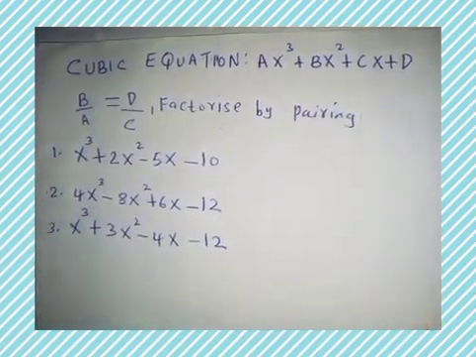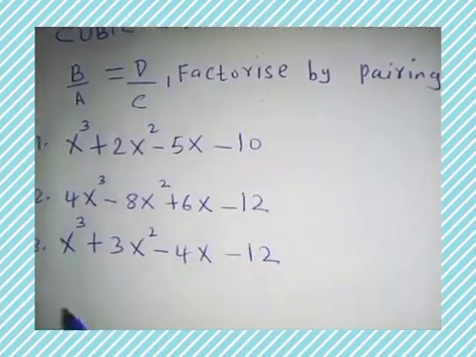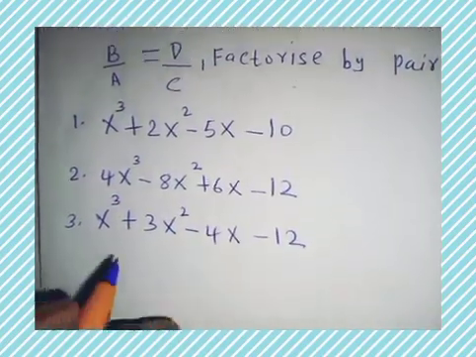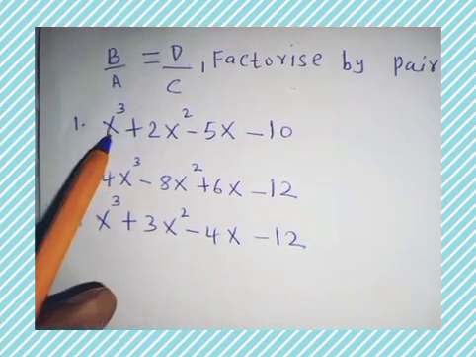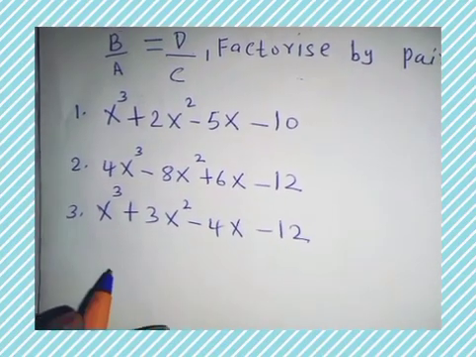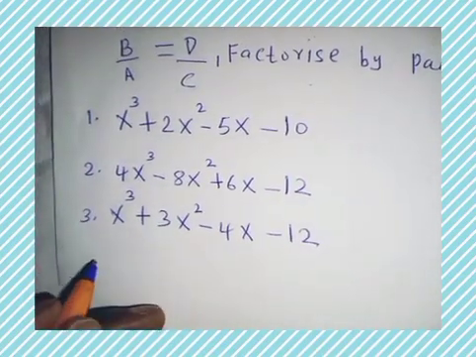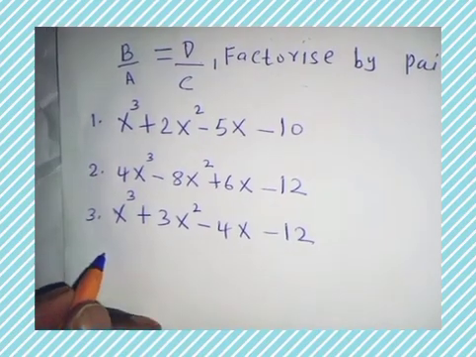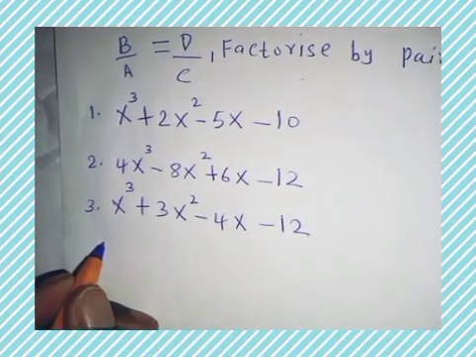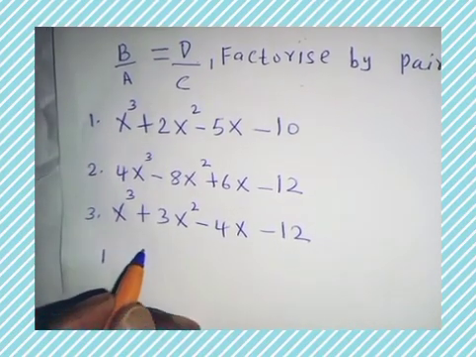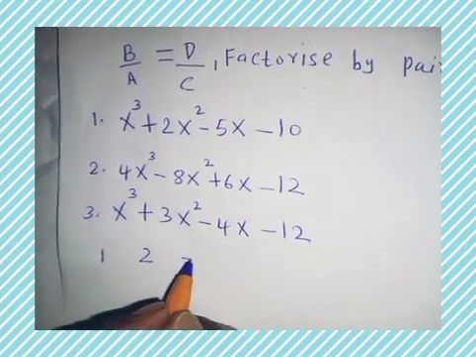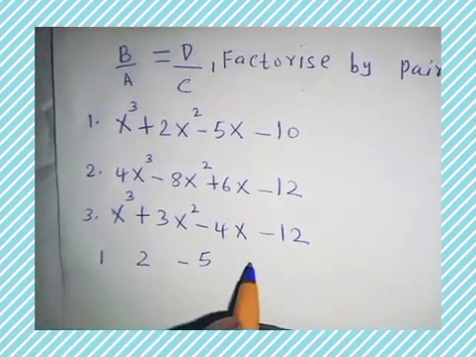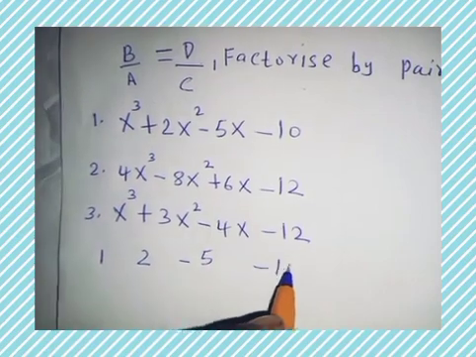Now, we are going to consider these three cubic equations. The first one: the constants are 1, 2, -5, and -10.